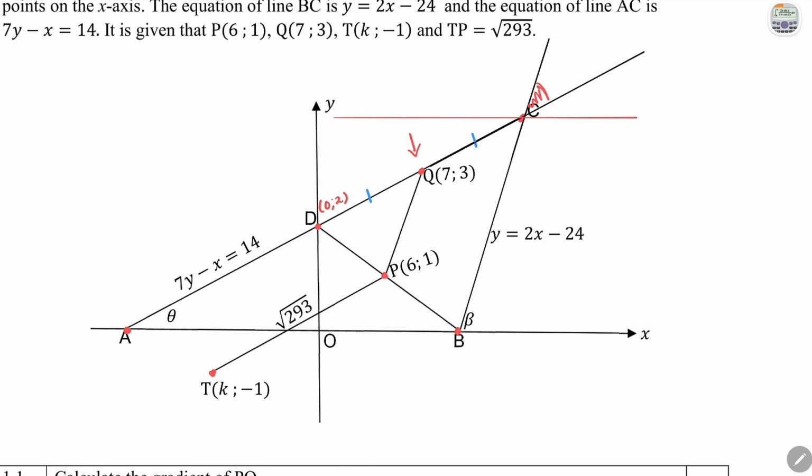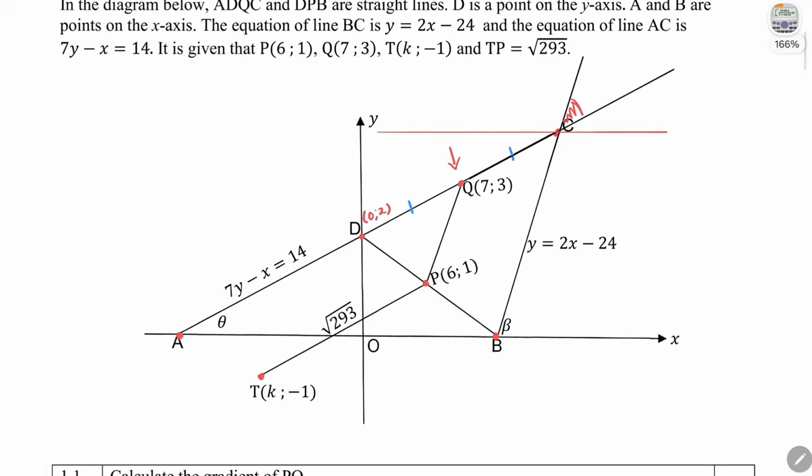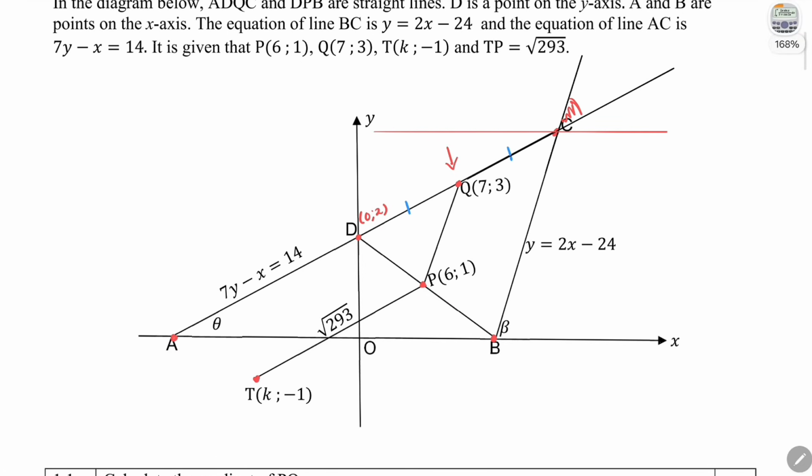Let's explore other ways that we could have found this. We could also find the area of this shape using other bigger shapes that we have. We just need to find DOBC, this shape. We could find the entire area of this bigger triangle, which looks like an obtuse triangle, and we could just use half base times height.